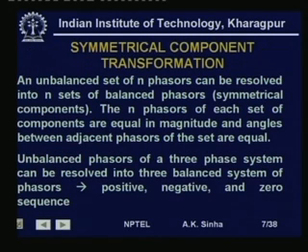Now, what is this symmetrical component transformation? Well, as defined, an unbalanced set of n phases can be resolved into n sets of balanced phases, which we call symmetrical components. The n phases of each set of components are equal in magnitude, and the angles between adjacent phases of the set are equal.